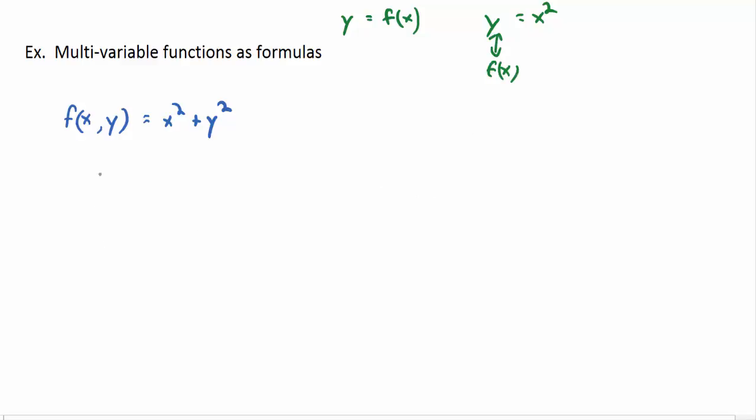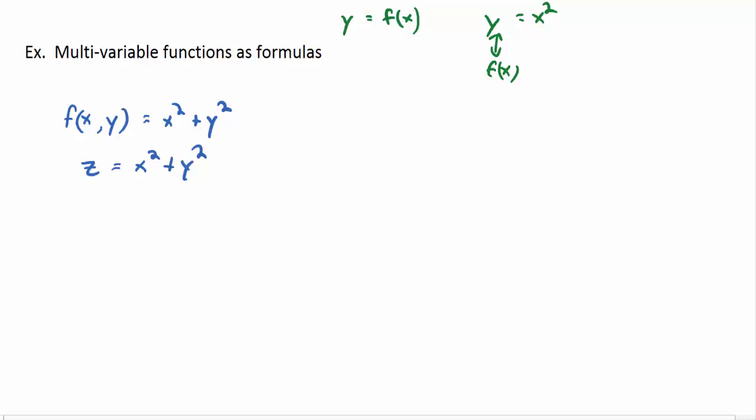Well, it's the same thing here. You can replace f of xy with z and vice versa. So f of xy equals x squared plus y squared, or any other letter you want to use, except for x and y, or z equals x squared plus y squared, same thing. Okay, that's a two variable function.